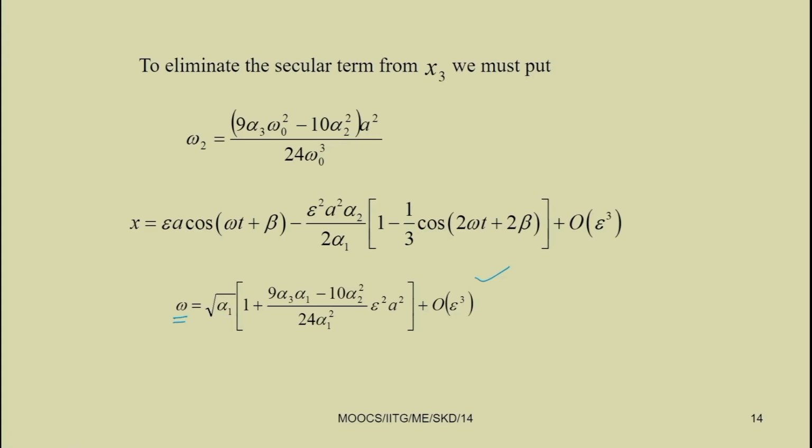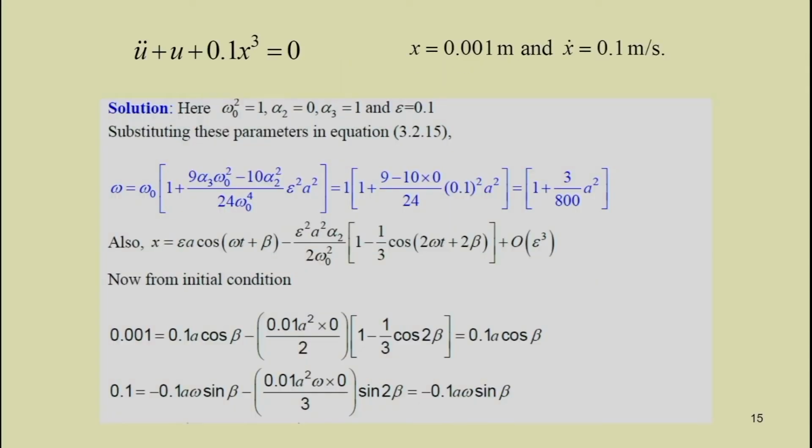So, omega equals omega 0 into 1 plus (9 alpha 3 alpha 1 minus 10 alpha 2 square) by 24 alpha 1 square, epsilon square a square. So, here omega and a are related, that means the frequency of the response depends on the amplitude of the response.